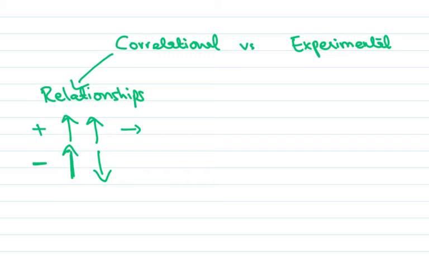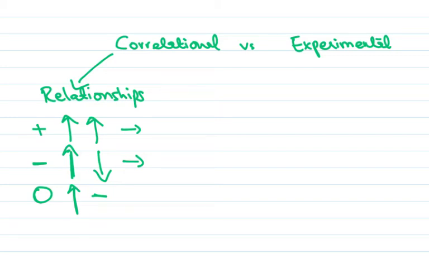What is important to remember here is that the negative relationship is still a relationship. It's just that the direction of the relationship is different from a positive relationship. One increases, the other decreases, but it still shows you a relationship. Or you can have a zero relationship, in which if one increases, there is no change in the other. So that would be no relationship at all.